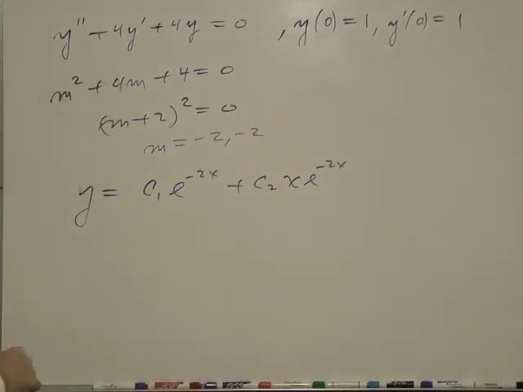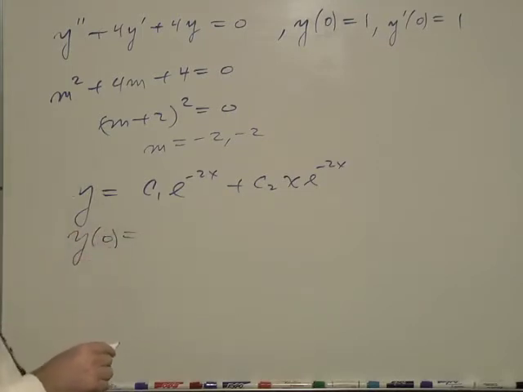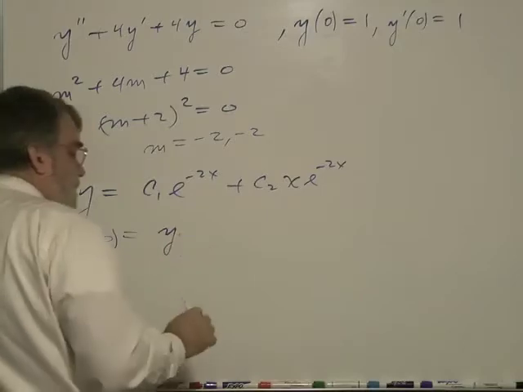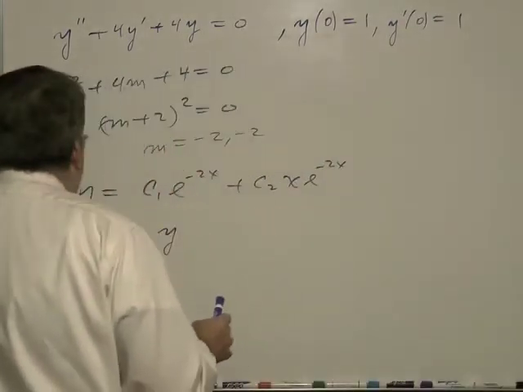And alright, well, now y at 0 is 1. I'm going to write this just a little bit differently here for the moment. Y at 0 is going to be, oh, hold on. I want to first do the first derivative.